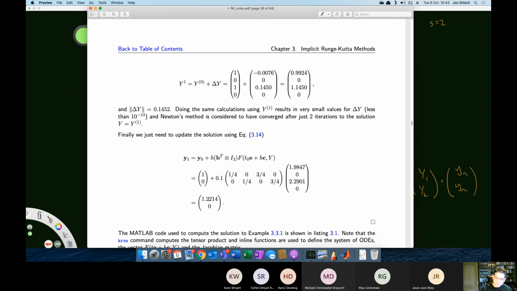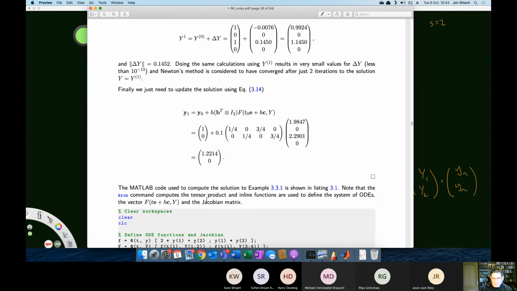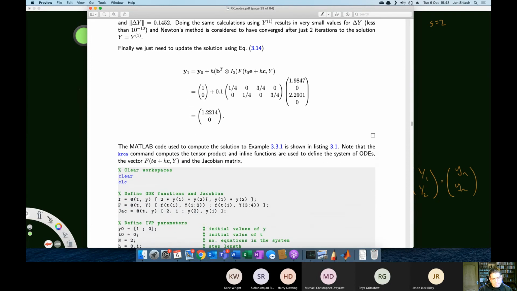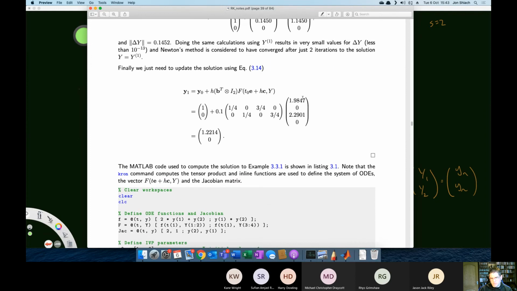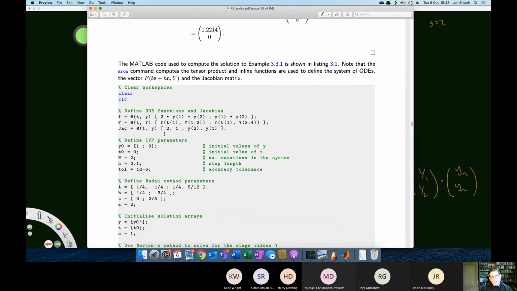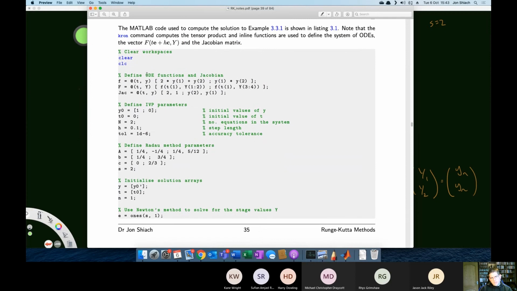I mentioned it's a lot of calculations, especially using Newton's method. So I'm just going to talk through the MATLAB code for that. These are the MATLAB codes I used to calculate all of these. I didn't do these by hand at all. So define the ODE function. f is your standard way of defining the function.